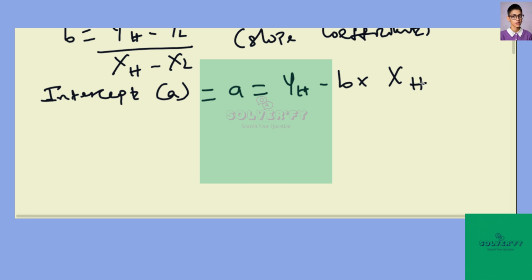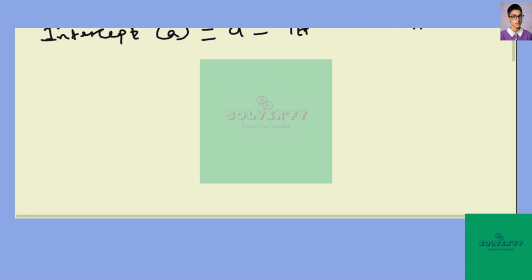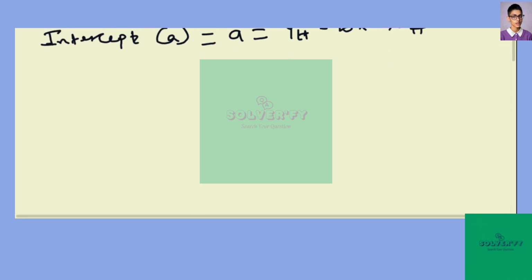So now we're going to calculate the slope coefficient b for health insurance cost.